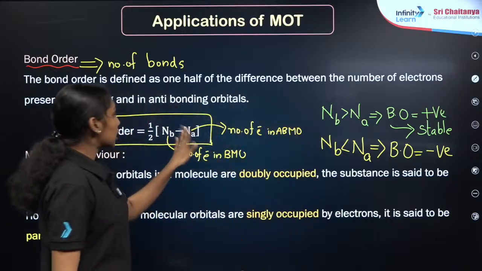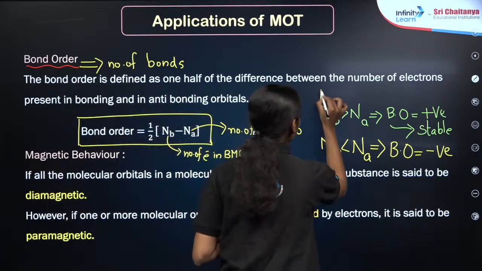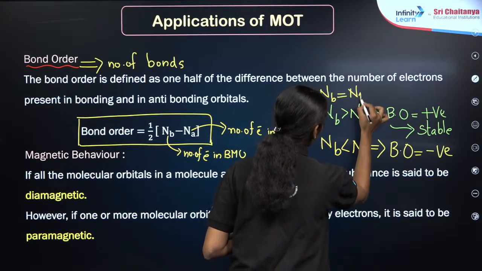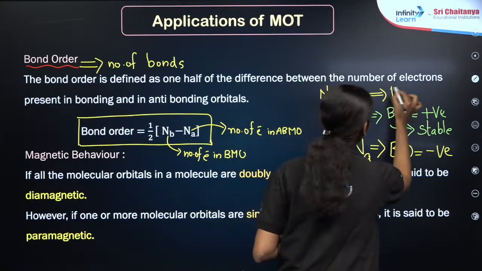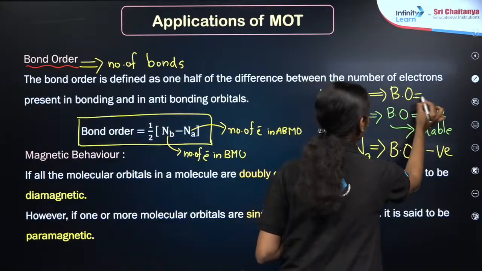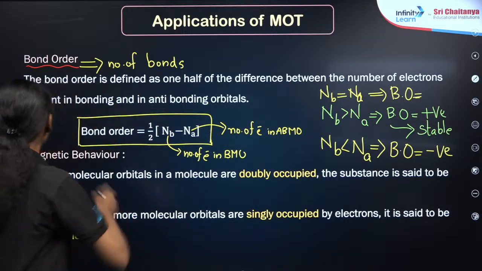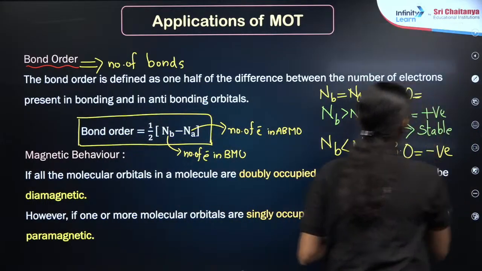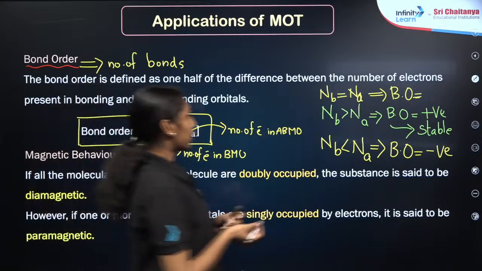Then if Nb is equal to Na, that is, number of electrons in bonding molecular orbital is equal to number of electrons in anti-bonding molecular orbital, what will be the value of bond order? Zero, right?